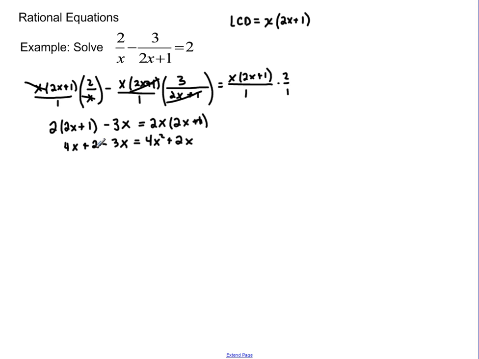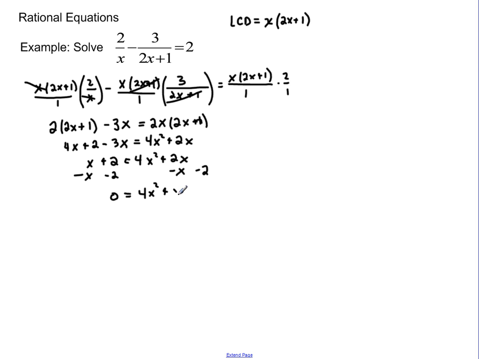If I take 4x and take away 3x, that's x plus 2 is equal to 4x squared plus 2x. So I'm going to subtract x from both the left and the right. I'm going to subtract 2 from both the left and the right. And I'm going to end up with the equation 0 is equal to 4x squared plus x minus 2.